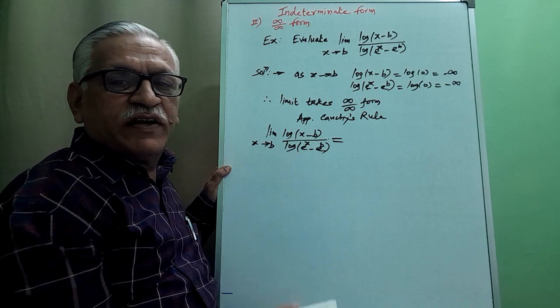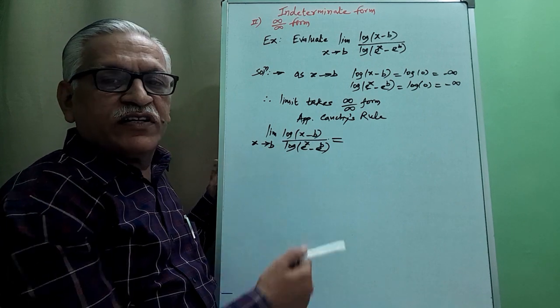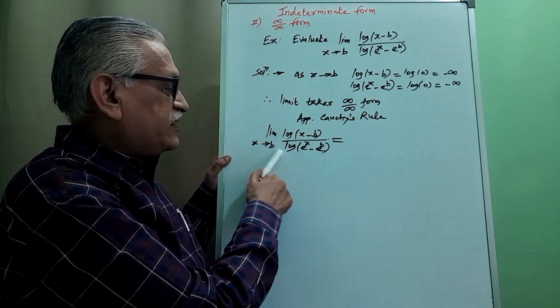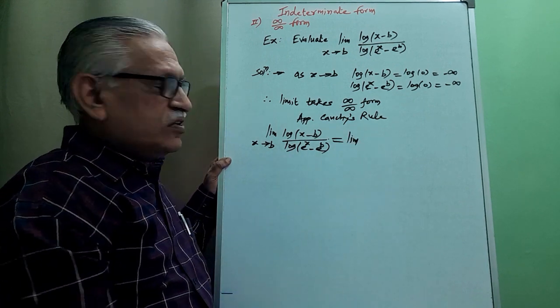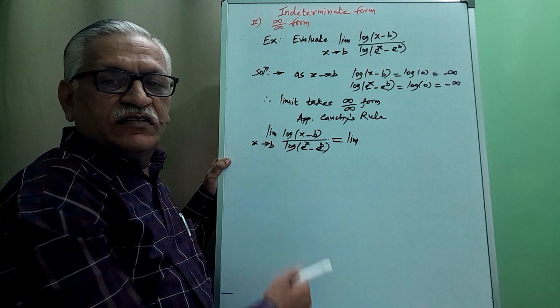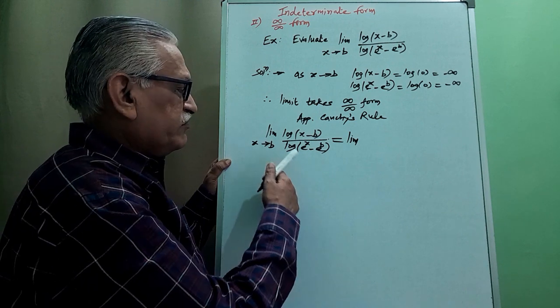Limit of log of (x minus b) divided by log of (e raised to x minus e raised to b) as x tends to b is equal to, as per Cauchy's rule, we have to differentiate numerator and denominator with respect to x separately.